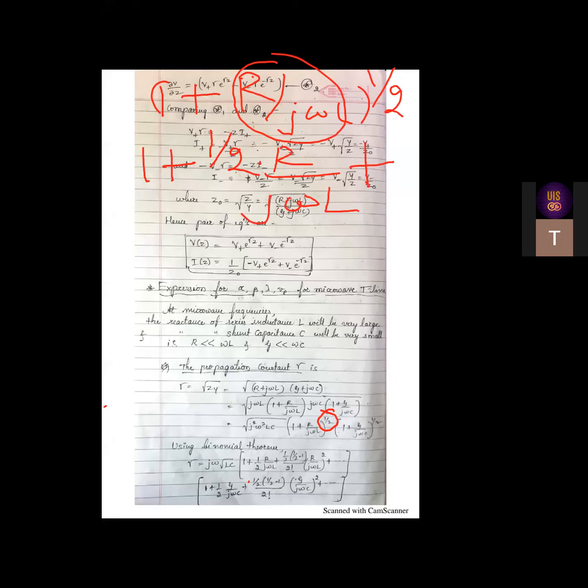Then the third term will be plus n into n minus 1, where n is the power 1 by 2, divided by 2 factorial, into the second term squared, R by j omega L squared. The next term will be plus n into n minus 1 into n minus 2 divided by 3 factorial, into R by j omega L cubed. It continues like that.